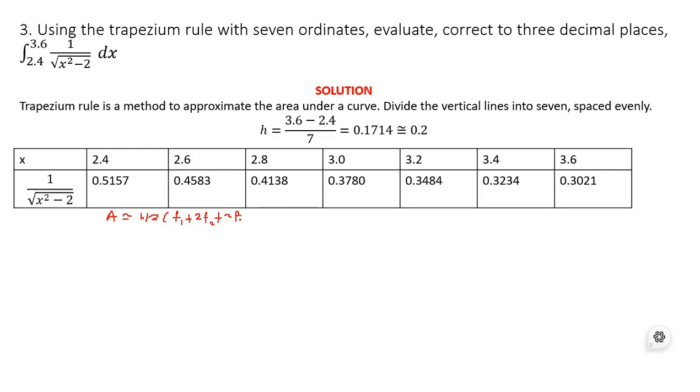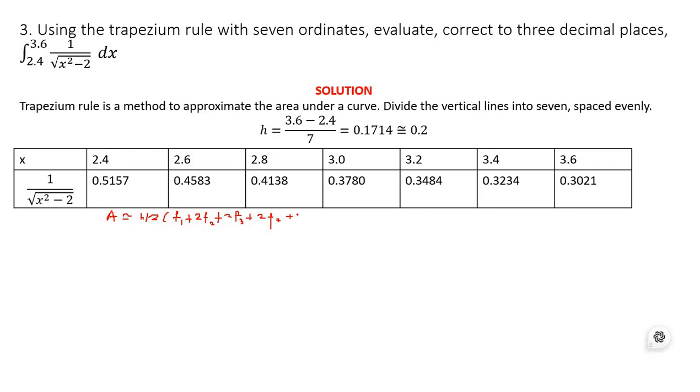In fact, you double all except the first and the last. Whatever number of ordinates you're working with, double those in between except for the first and the last.